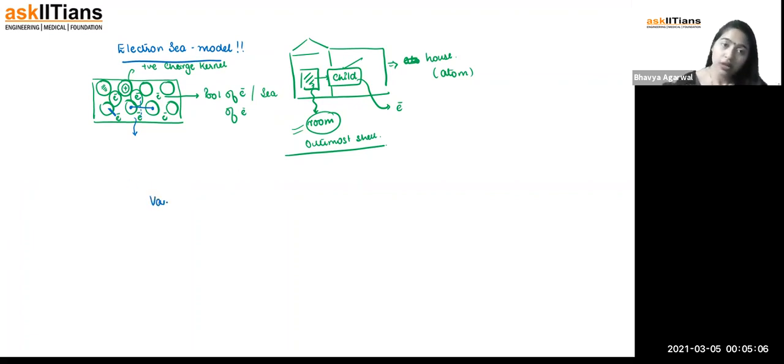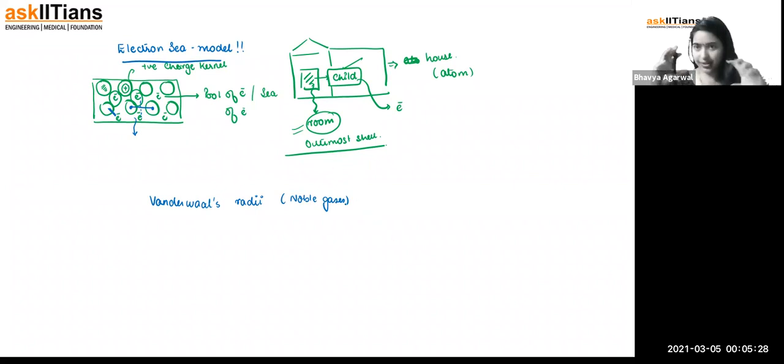Okay. Now there's another case, which is your van der Waals radii. Van der Waals radii only work for noble gases. You know that whenever you have gases, they have the least force of attraction, so the atoms just randomly diffuse here and there.